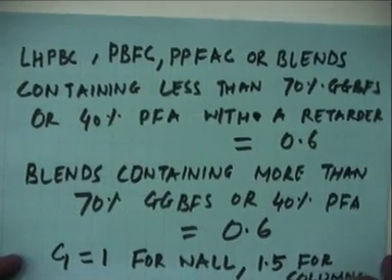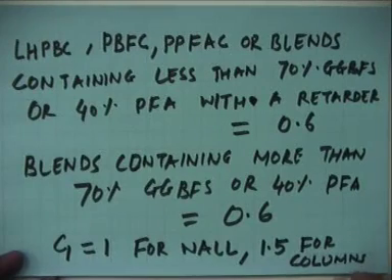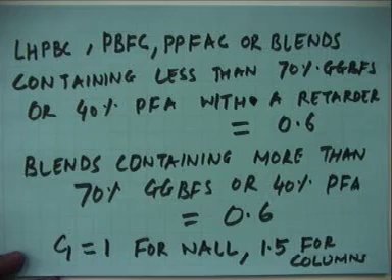When it comes to column, you can take it as 1.5. Now, have you written this? 1 for wall and 1.5 for column. So, C1 and C2 both are now known to you.